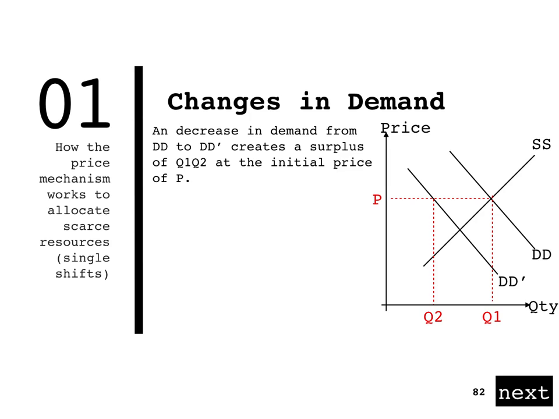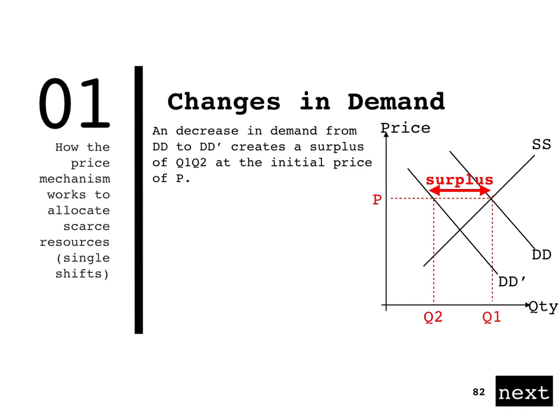So we will look at the new demand curve, and where it meets the original price of price P, you realize that the quantity demanded at price P is Q2, but the quantity supplied at the original price of price P is Q1. In this case, there is a surplus because quantity supplied exceeds quantity demanded.